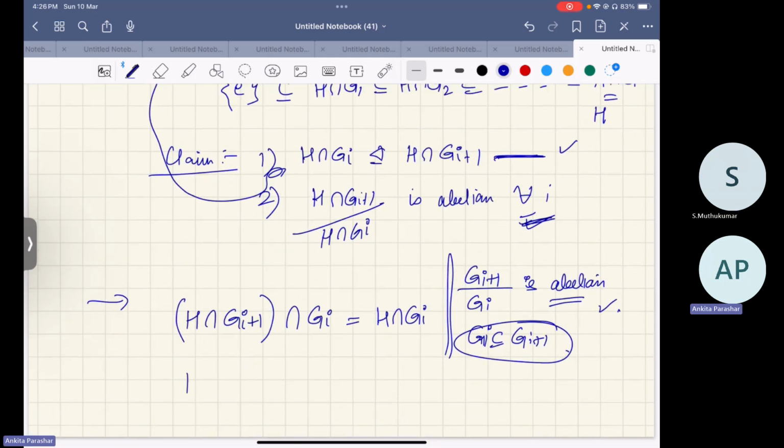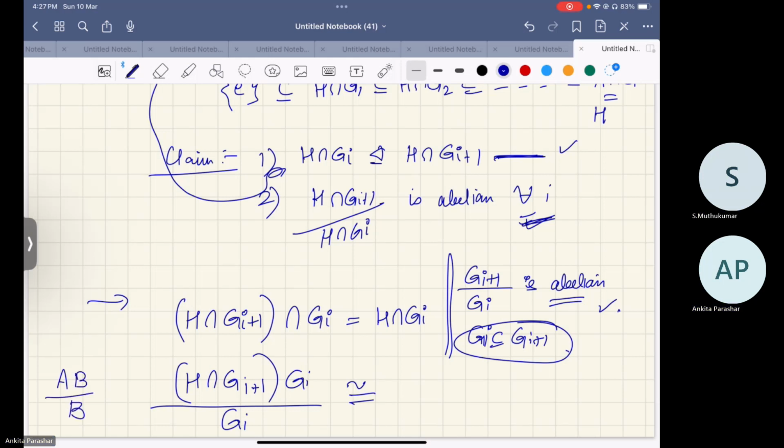Now, if I say (H intersection G_{i+1}) times G_i by G_i, what is that? Can you identify this part with something using the second isomorphism theorem? It's like AB by B. You remember, this is nothing but A by A intersection B. So this is the second isomorphism theorem.